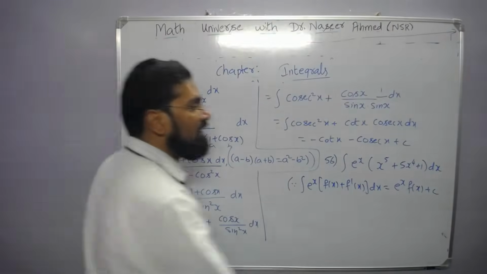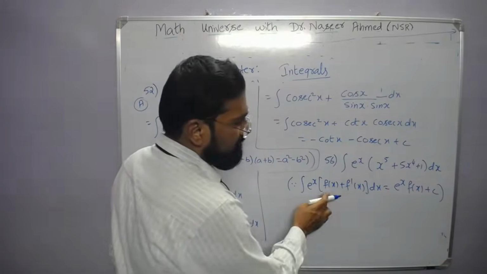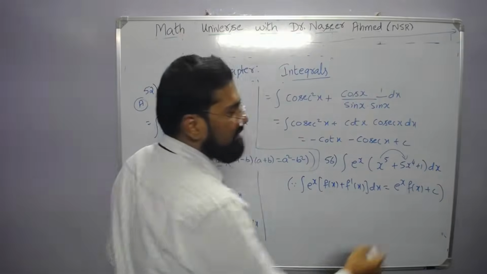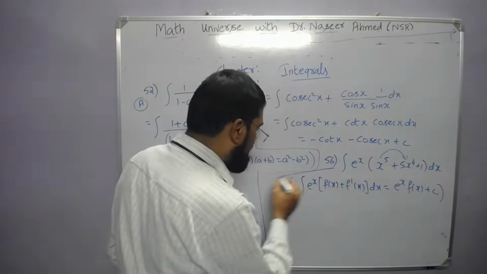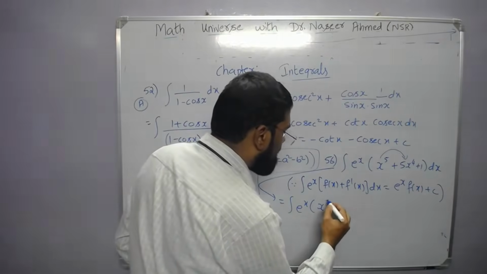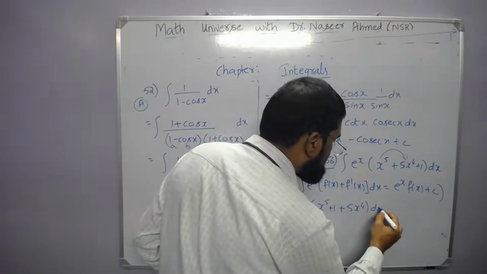So this formula can be applicable, but it should be addition of function and derivative. Derivative of x power 5 is 5 into x power 4, but there is an additional term. But no problem. Can't we rewrite the question as e power x into x power 5 plus 1 plus 5 into x power 4 dx?